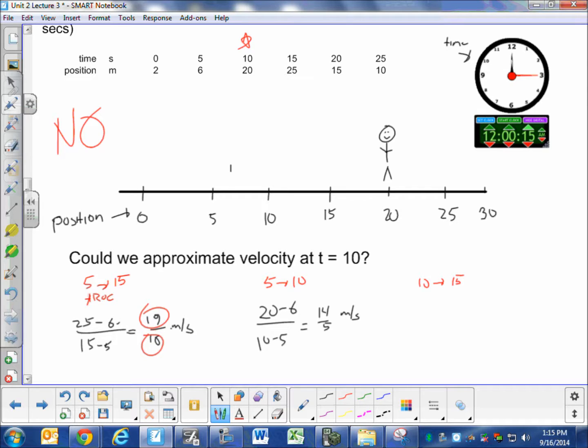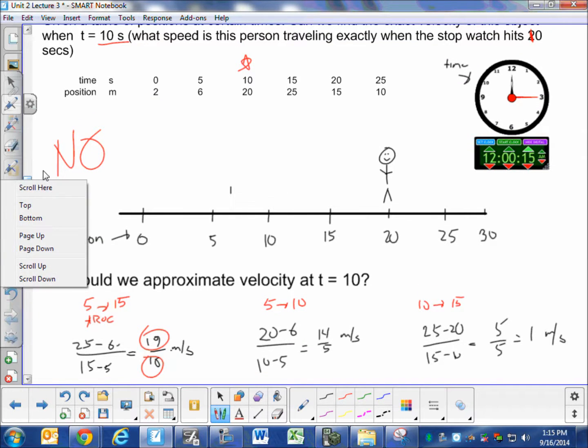So this would be 25 minus 20 over 15 minus 10. 5 over 5, this is 1. So that's distance over time. Change in position represents the distance. It's really not the distance, it's the displacement, over the change in time gives us velocity. Okay.